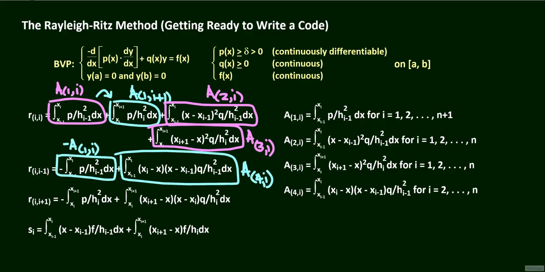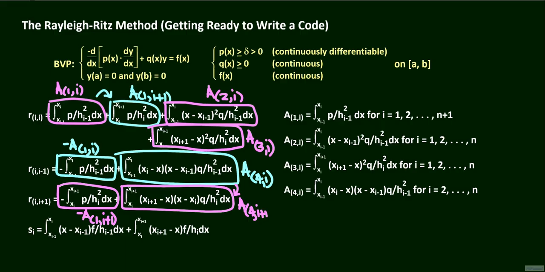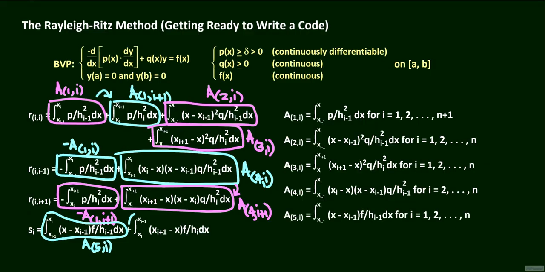In R sub i plus 1, the first integral term is minus a sub 1, i plus 1. For the second integral, we merely increase the index in a sub 4i by 1 to get a sub 4, i plus 1. In S sub i, we set the first integral equal to a sub 5i. And we set the second integral equal to a sub 6i.